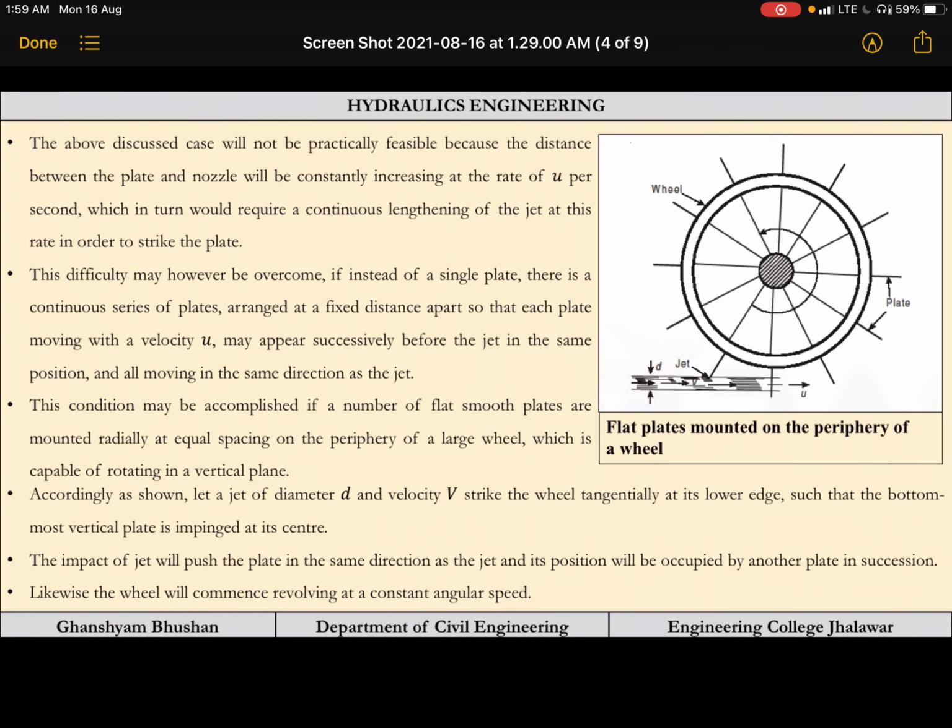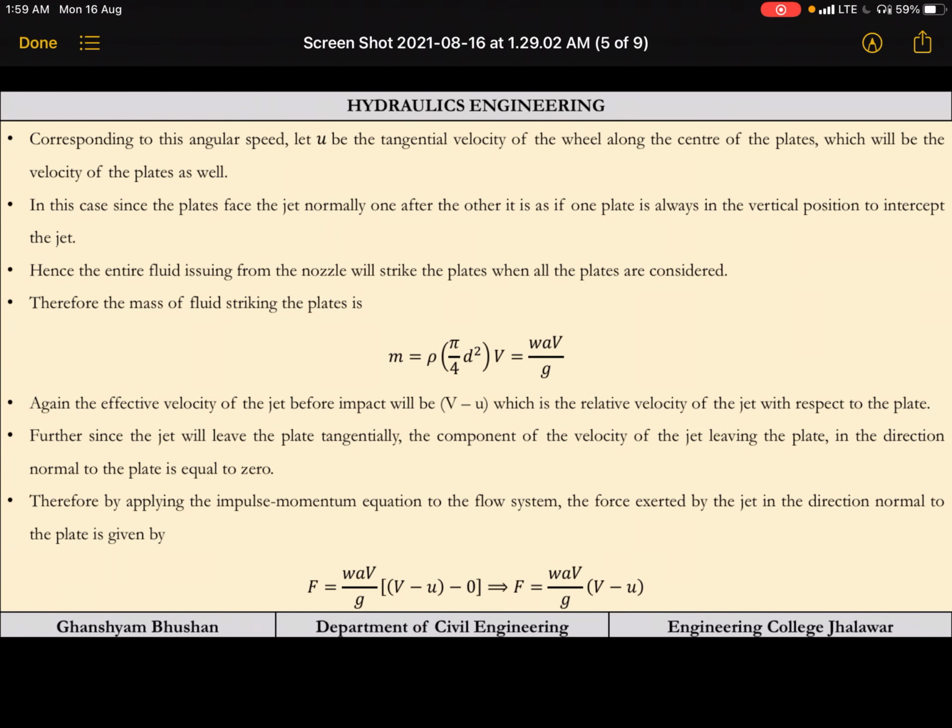So every time there will be a plate moving with velocity u, the tangential velocity caused by the angular velocity omega. Hence the entire fluid issuing from the nozzle will be striking the plates when all plates are considered.